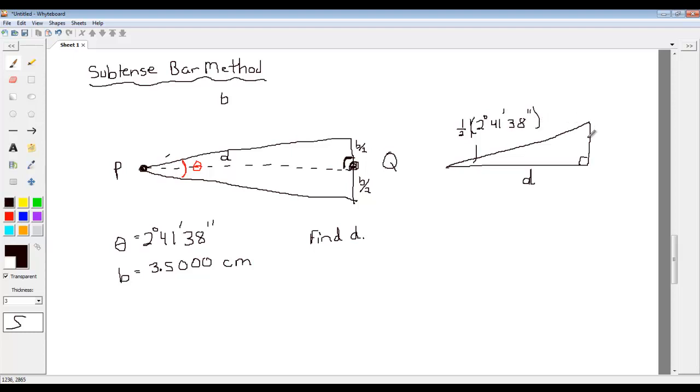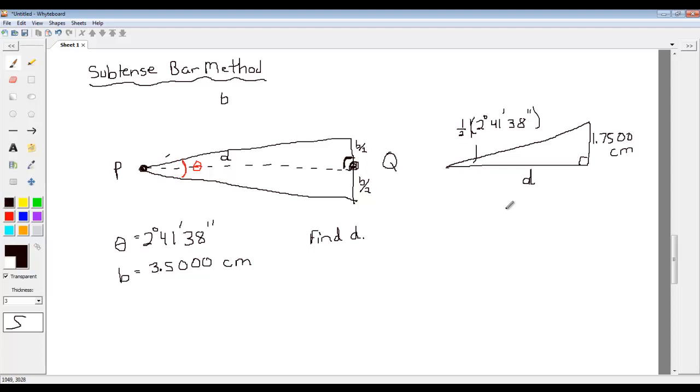And if the subtense bar is 3.5000 centimeters, then this is half of that, which would be 1.7500 centimeters. So from there, we've got enough information to find D.